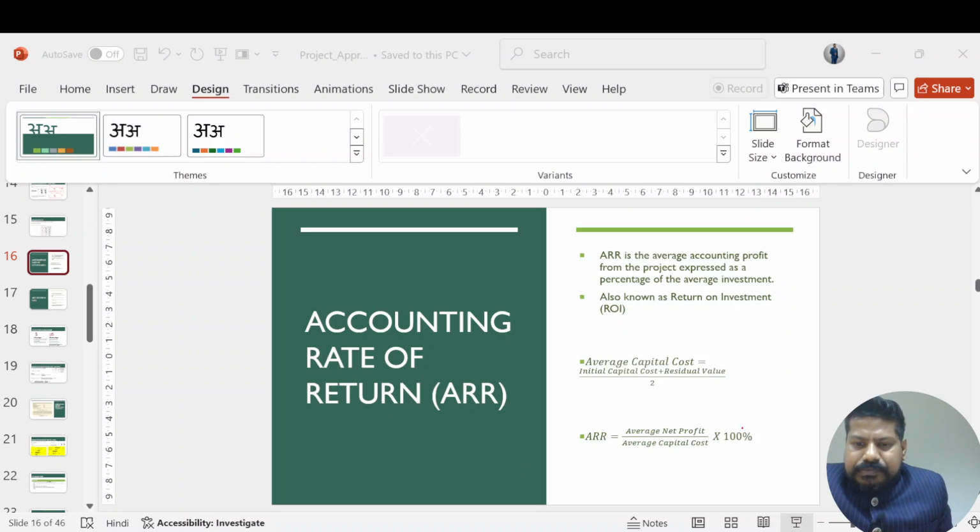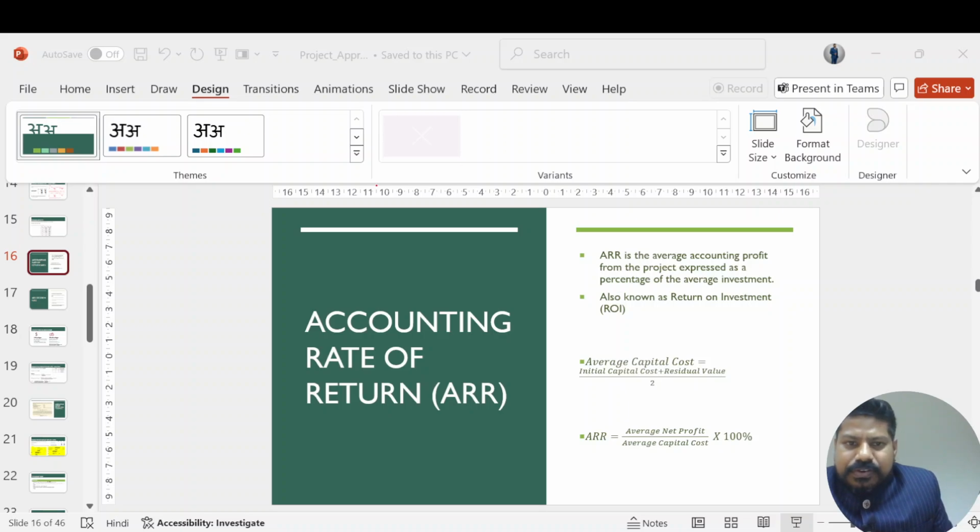Ignores the timings of cash flows. No account of time value of money. The value of money is always decreasing. No indication of the capex, no indication of how much better the organization would be undertaking the proposal. So these are certain advantages and disadvantages of ARR.